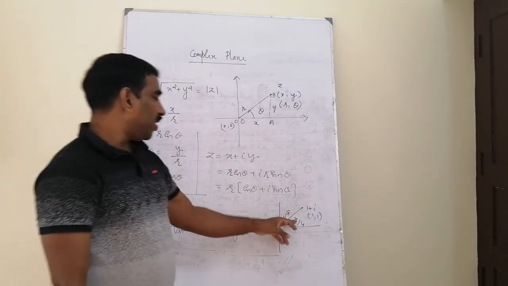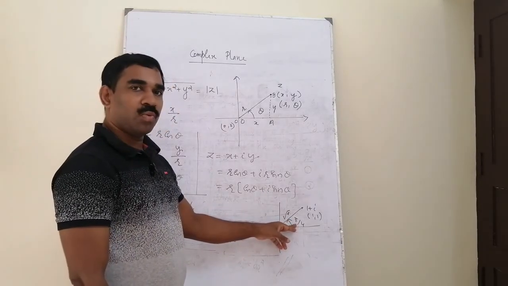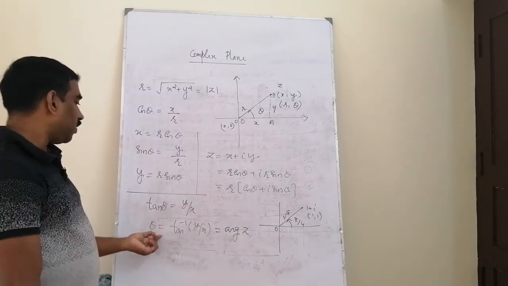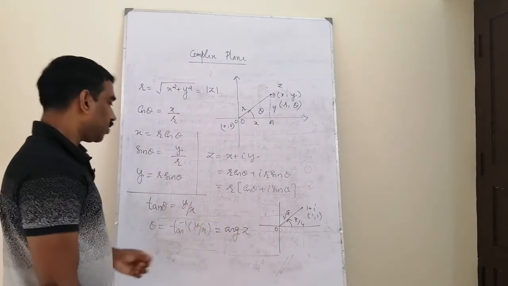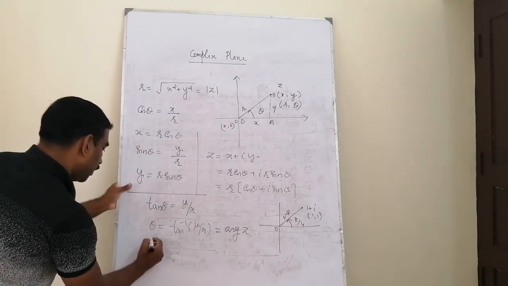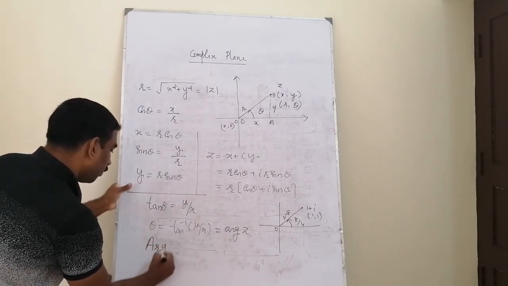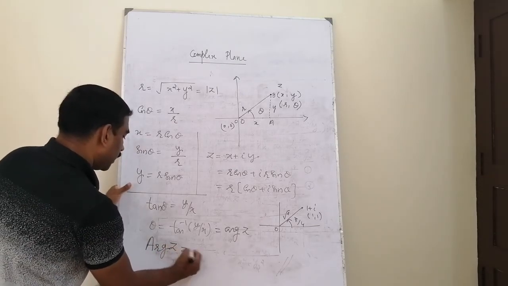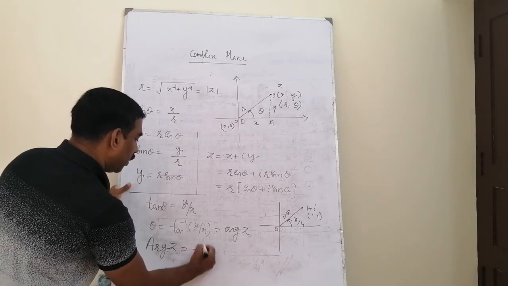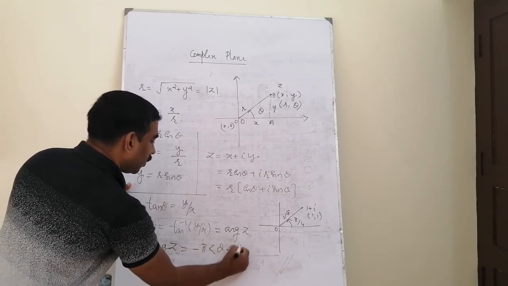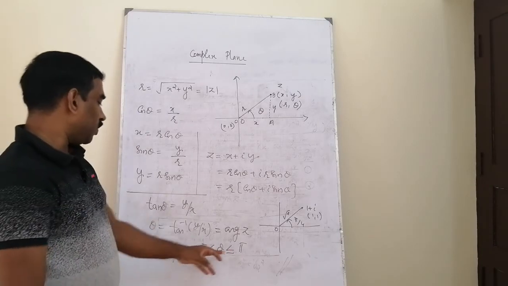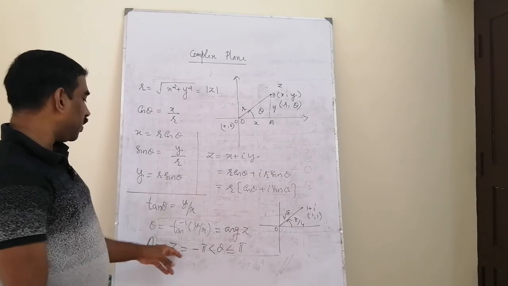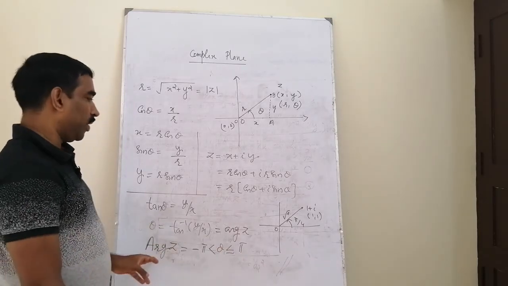So that angle theta may be pi by 4, or pi by 4 plus 2 pi, or pi by 4 plus 4 pi, etc. So this theta, or argument of z, is not single valued. In order to get a single valued expression for theta, called the principal value of the amplitude, we denote this by capital Arg z. Arg z is equal to the value of theta lying between minus pi and plus pi, including plus pi. So this completes the entire range, a full rotation. This is called the principal value of the amplitude or argument.